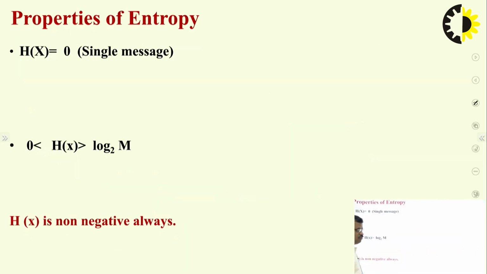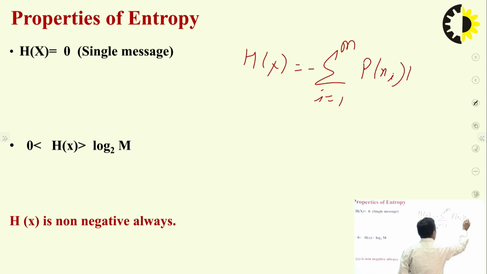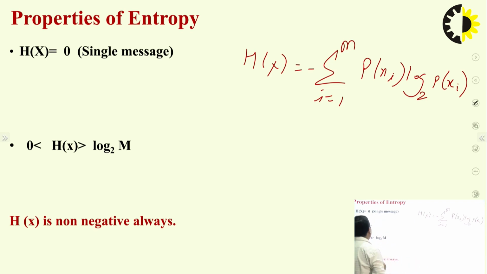Now the properties of entropy. First property, H of X for a single message. Your formula is H of X equal to minus the summation from i equals 1 to m of P of X_i into log base 2 of P of X_i. So if you are having a single message, the probability of that single message will be 1.